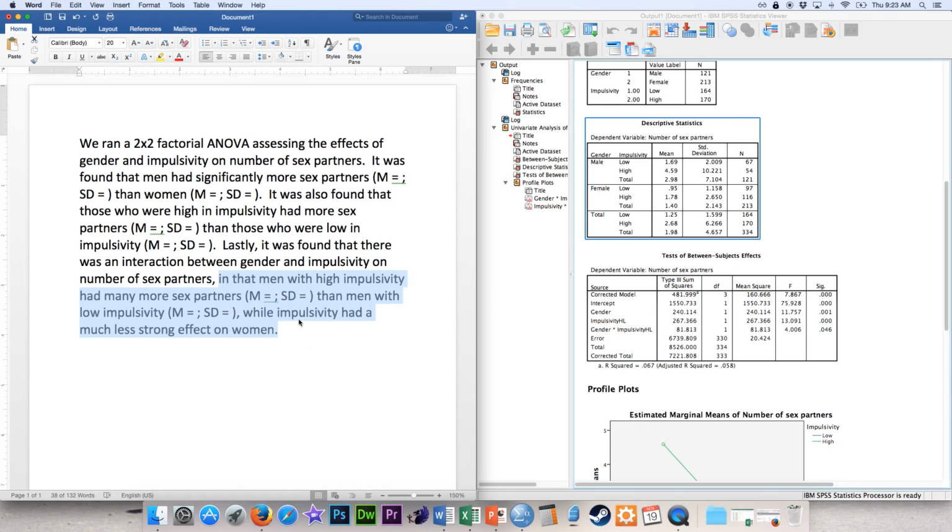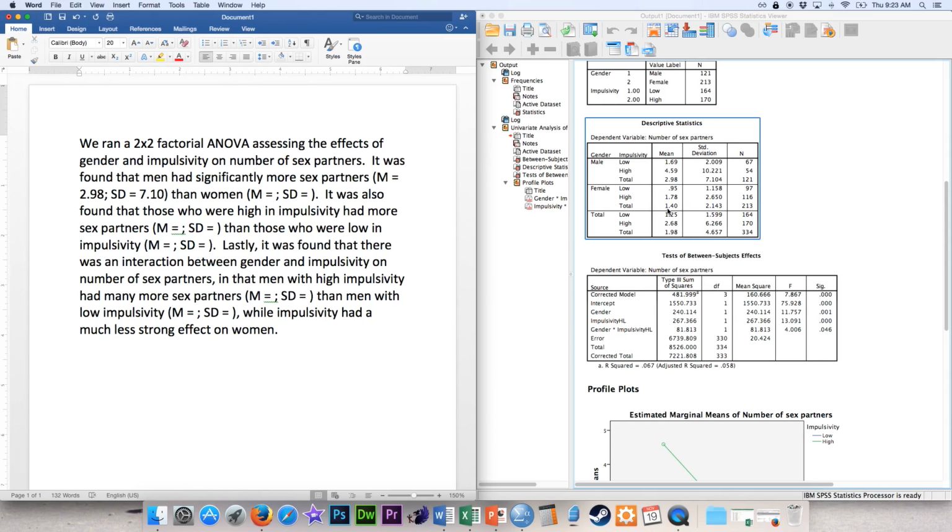So to get those means and standard deviations, we're going to look up at the descriptive box right here. For example, men with sex partners, we're going to look up male, total, and they had 2.98. You always want to round to the 100th place, but it's already been done for you here. And their standard deviation was 7.10.